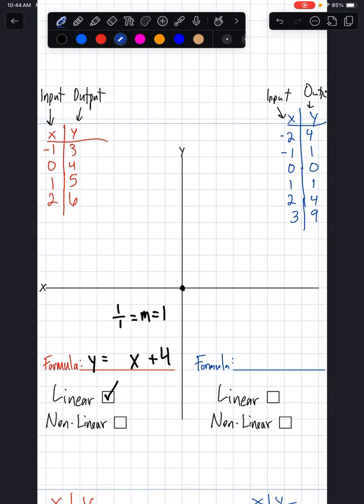This will be a nonlinear graph. So right here, our input is -2, which is right here, but our y is 4. All right, and then at x value -1, which is this way, we have y value 1, which makes them meet there. Okay. 0, 0, 1, 1. At 2x, we get 4.